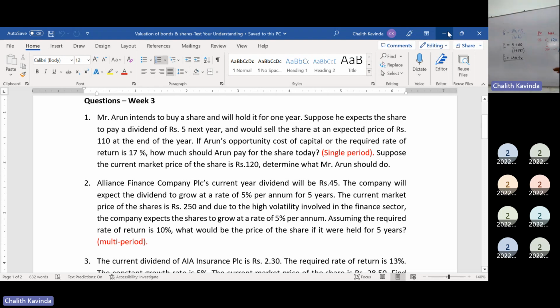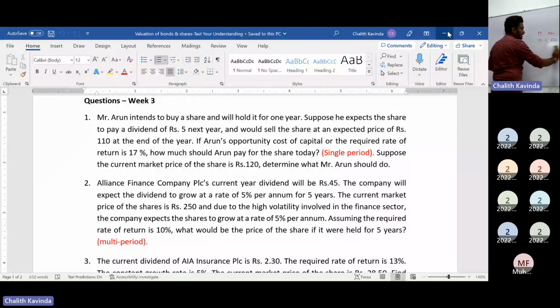Right, okay, so now you got to know how to value a share if the investor holds the share for a single period. What is the other one? Very good.